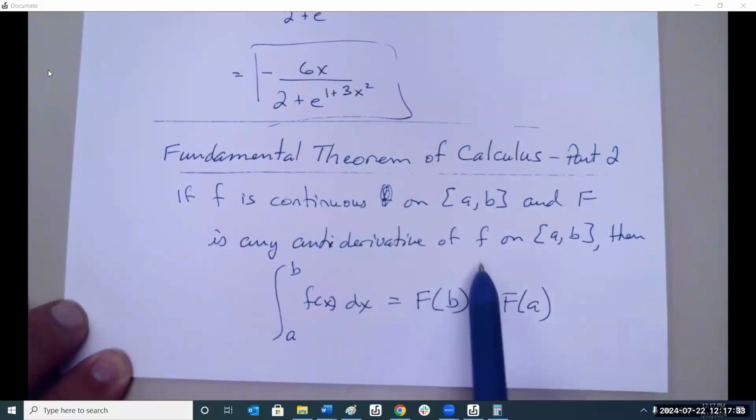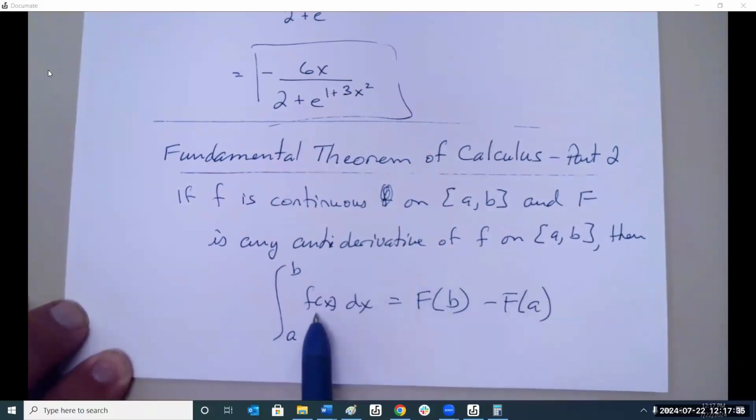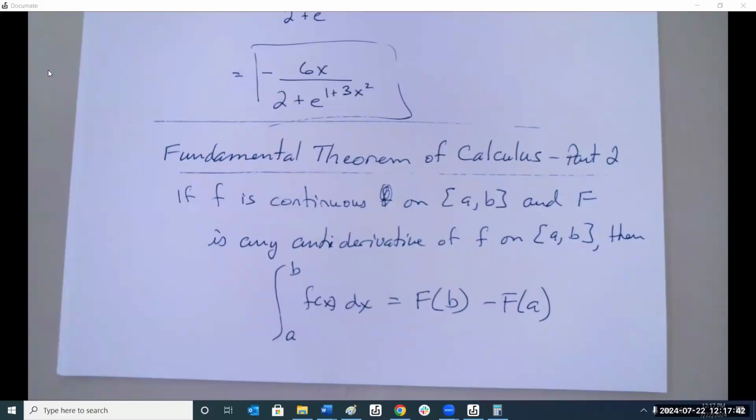Remember, capital F is the antiderivative of f. So this is the derivative. This is the original function it came from. Because now we got to start thinking backwards.